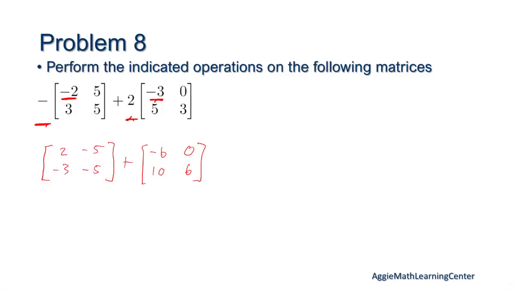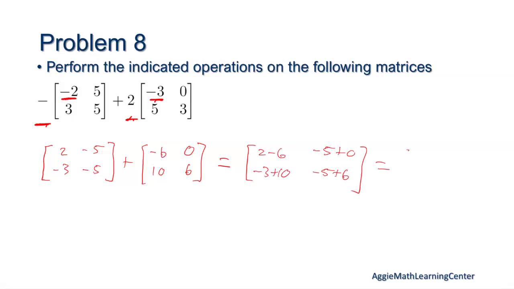So now that we don't have any constants out in front, we can do the addition. And so you have a 2 minus 6. You got a -5 plus 0, -3 plus 10, -5 plus 6.